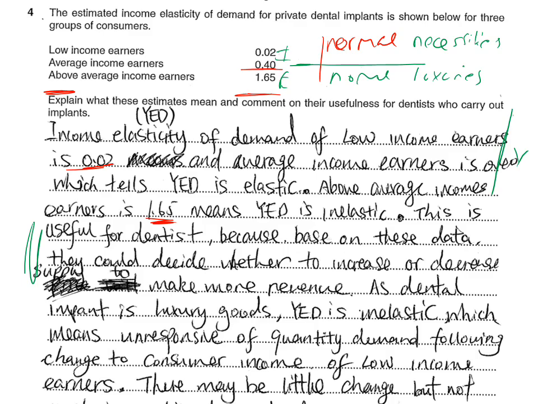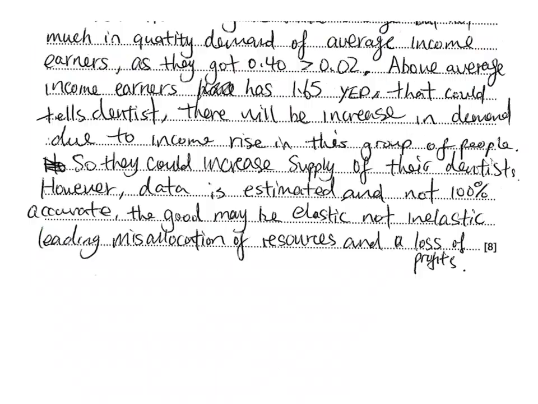And the application as well, if we were going to talk about it, is we'd say that they are responsive to high income earners, but unresponsive to these low and middle income earners. There may be little change, we'll just see the rest of the answer, in terms of quantity demand average income earners that they've got.